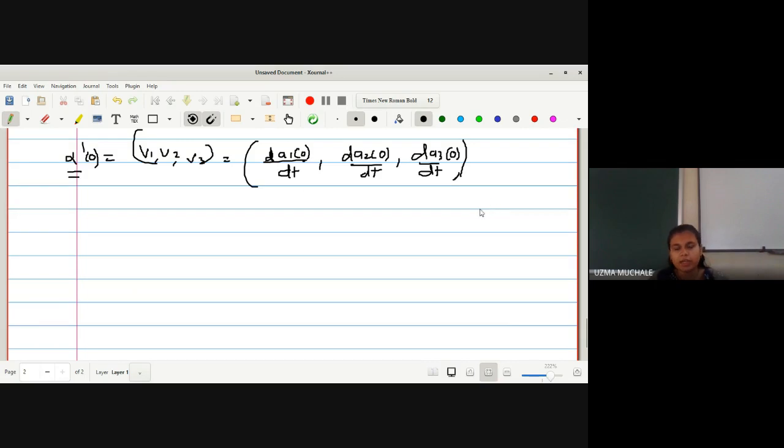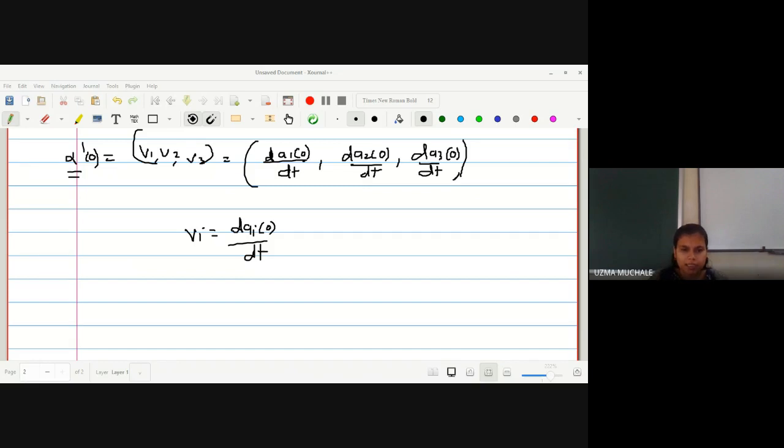Because if I want to find the velocity to the curve, or the tangent to the curve, it is nothing but your derivative. Okay, first derivative. In general, vi is equal to dAi of 0, the derivative with respect to t, where i is running for 1, 2 and 3.